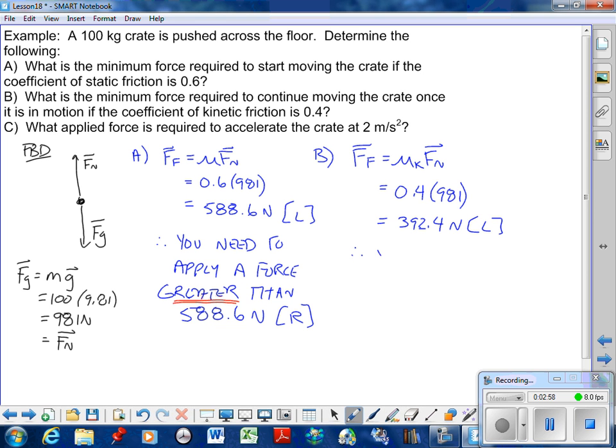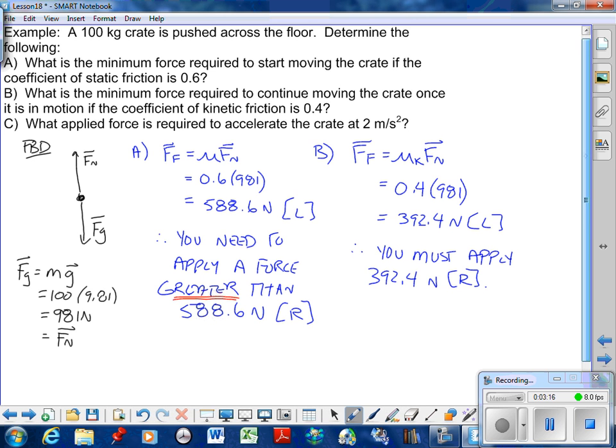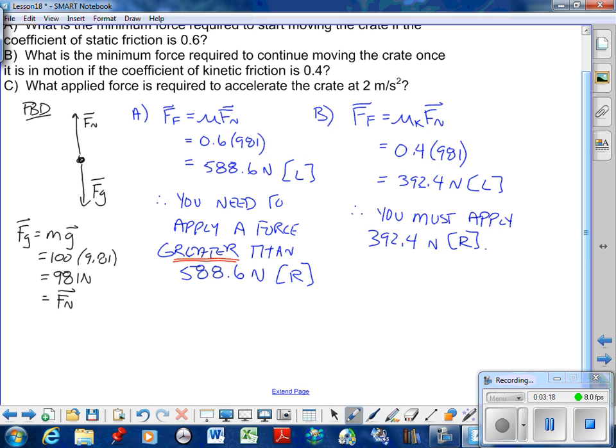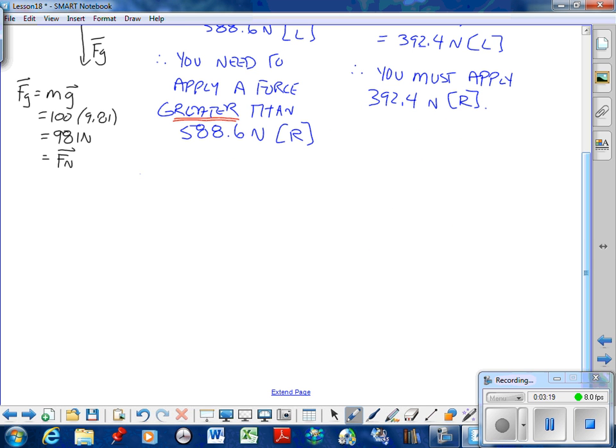So therefore, you must apply 392.4 newtons to the right to maintain motion, so there's no acceleration. Okay? Now, what's the applied force required to accelerate the crate at 2 meters per second squared?